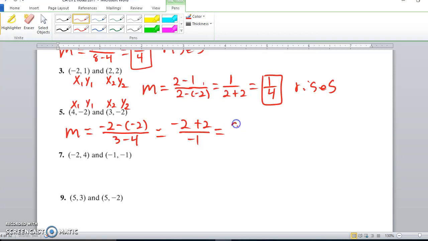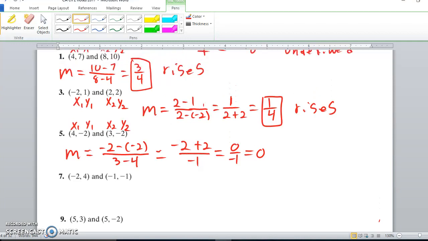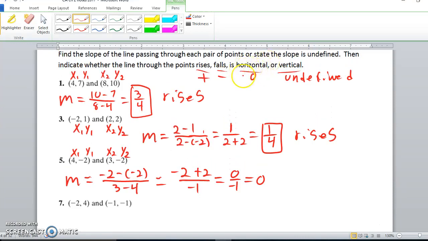But the top becomes 0 over negative 1. Okay, so we've got to think about that. That's going to simplify to a 0. And so when we have a 0 slope, 0 slope will give us horizontal. That's how the line looks when you graph it.